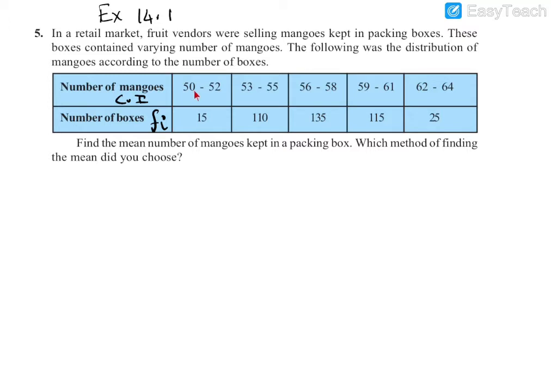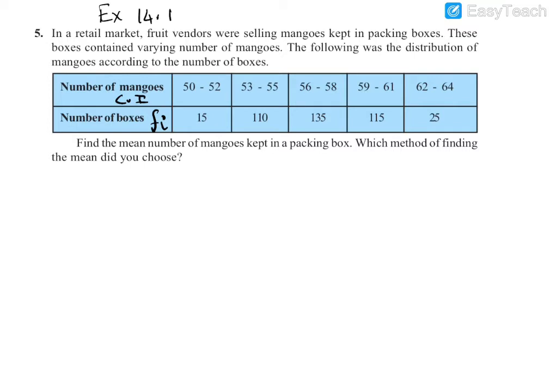Observe that the class intervals in this question are non-continuous, as the lower limit of the second class interval is not the same number as the upper limit of the first class interval. We can make these class intervals continuous by subtracting 0.5 from the lower limit and adding 0.5 to the upper limit.